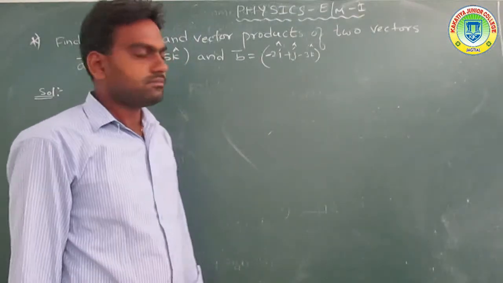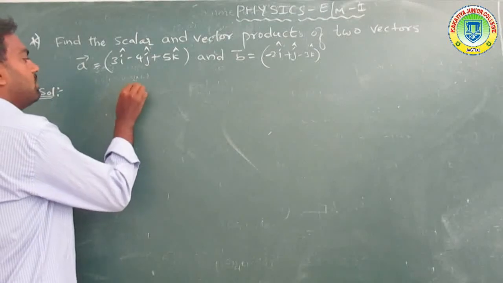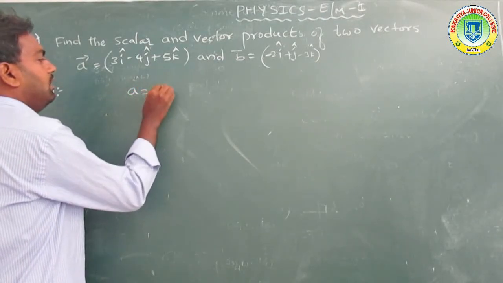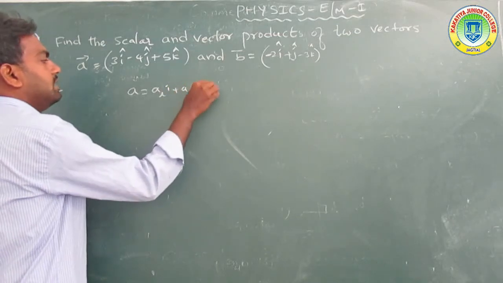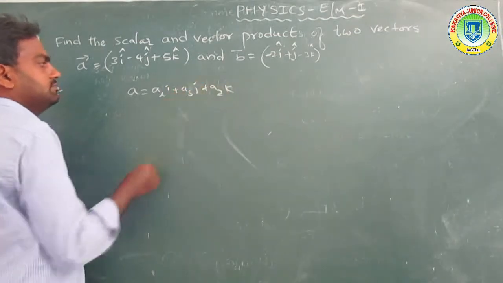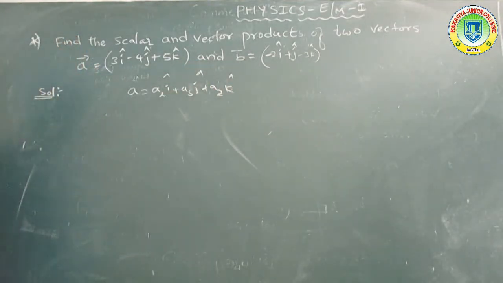For example, A is equal to AXi plus AYj plus AZk, where i, j, k are unit vectors.